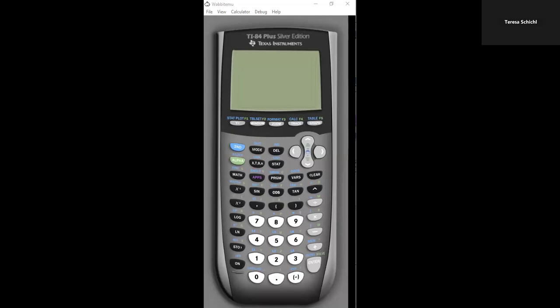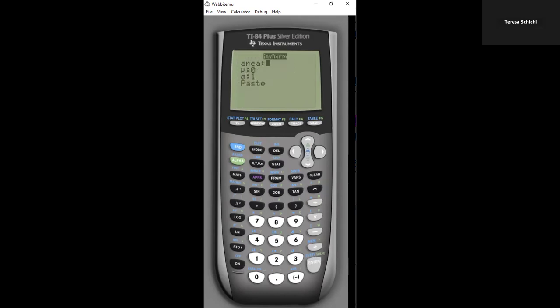For this example, alpha is equal to 0.04, and it's one tail. Let me turn the calculator on. We press second, vars, and use the inverse norm.